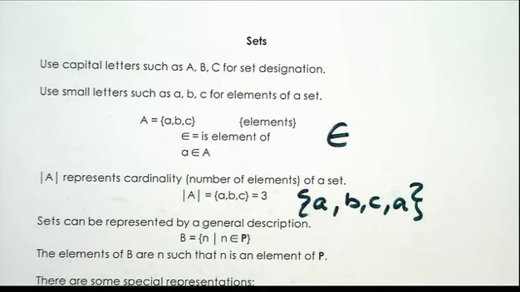Probably only one Leo. A few of you have unique names, and some of you don't. But if I count all of the different names of students in the class, it would be all the unique ones. So the size of the set of first names would only be the number of different ones that we have. So when we talk about cardinality of a set, we don't count things more than once.